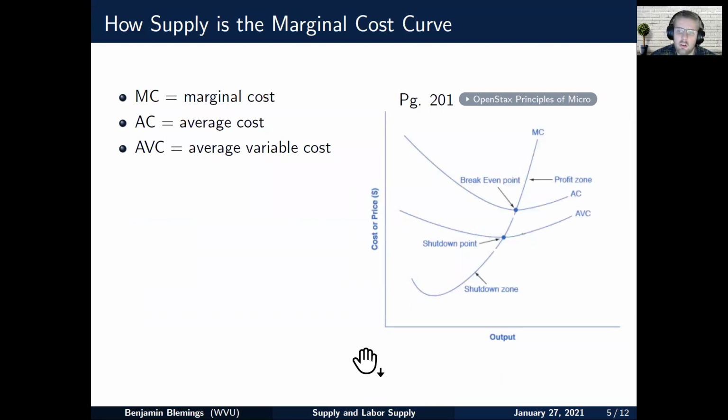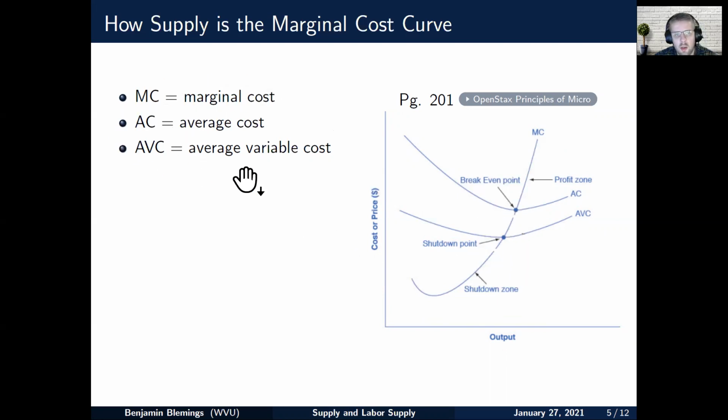Another thing to note is supply is just the marginal cost curve. This comes right out of page 201 in the OpenStax Principles of Microeconomics book, which you can review if you're less familiar with this. But supply is just this marginal cost curve, particularly above this break-even point.